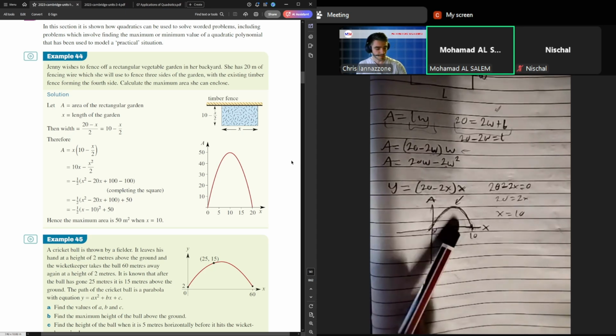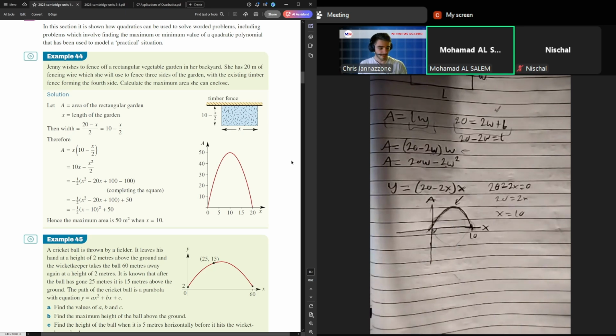Yeah, so we have our area graph now. We know what the maximum is that we're looking for. How do we get the value? No idea. Okay. Is it subbing x as 0?